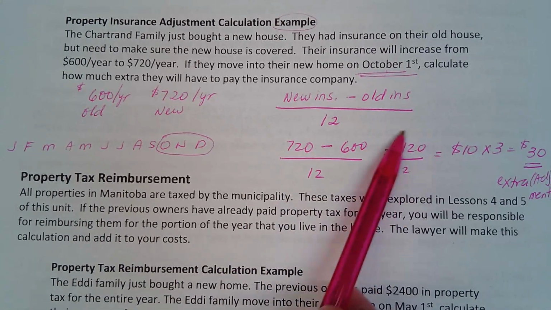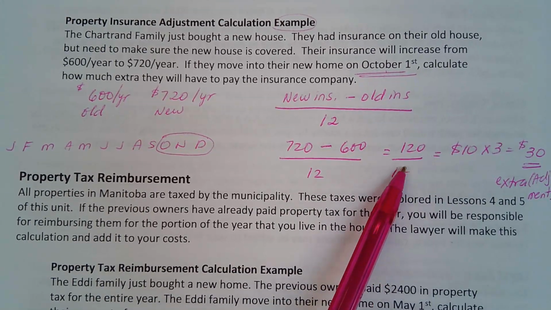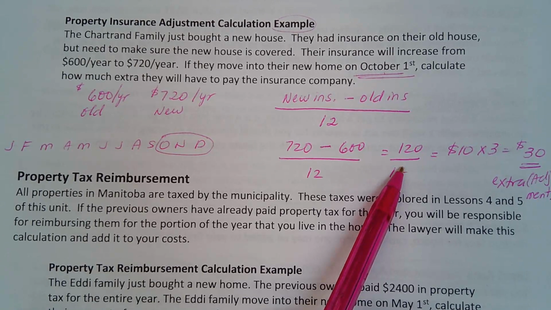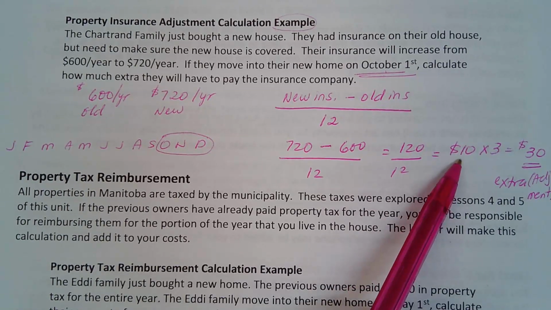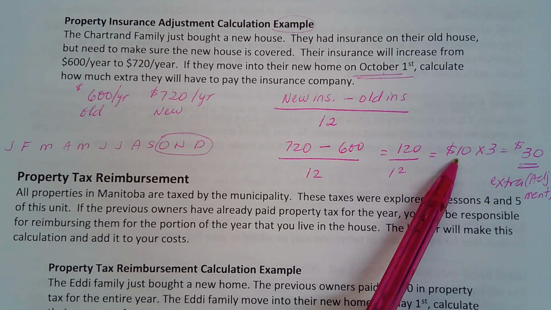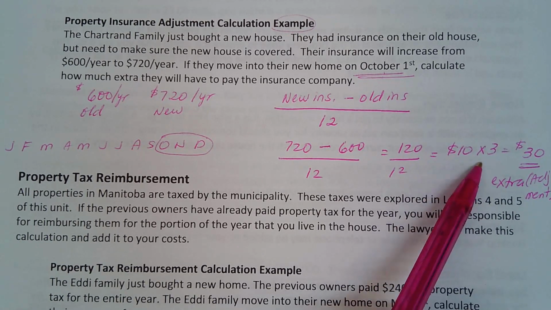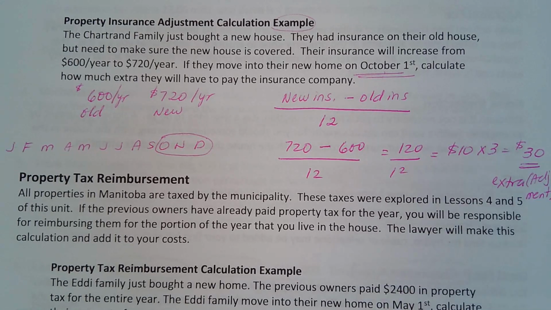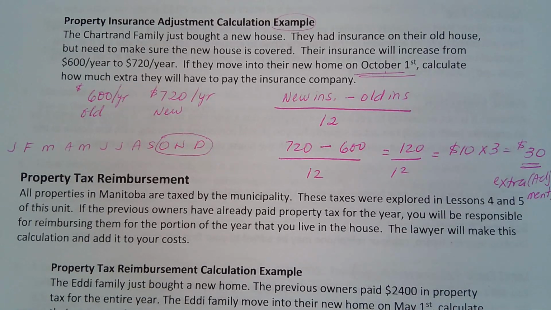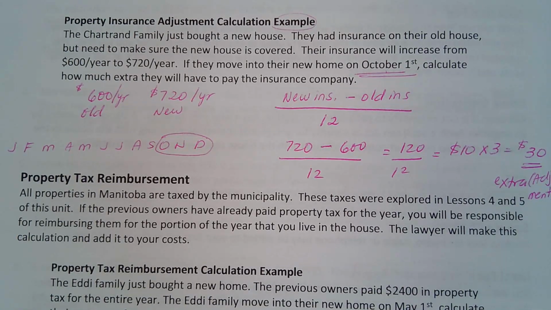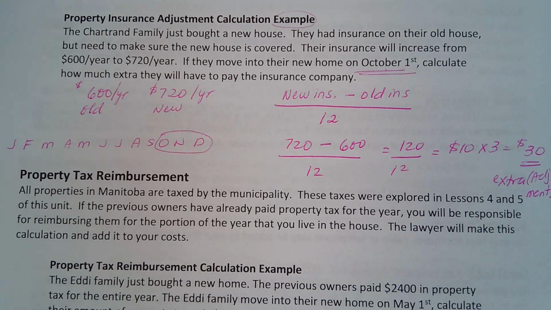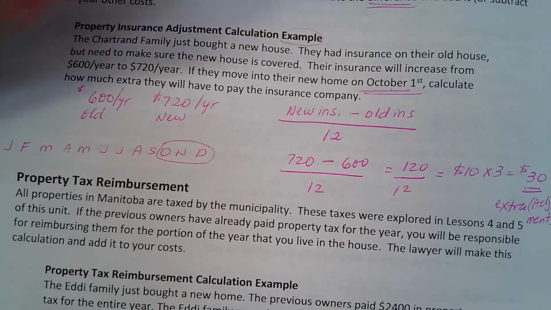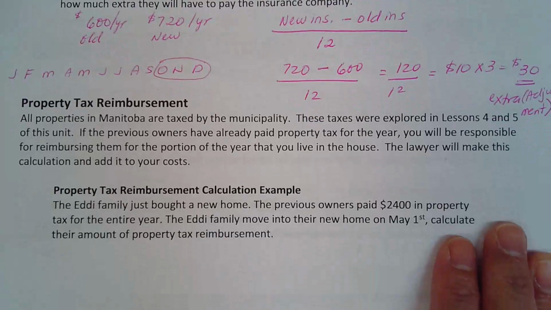Now there's a $120 difference. If we divide it by 12, that's how much it is per month. And because it's October 1st, October, November, December, 3 months, we times it by 3 months. So it's $30 extra. Is that okay? So, property insurance adjustment. Good. Take a look at the next one.